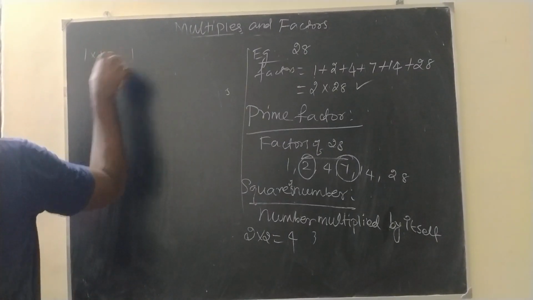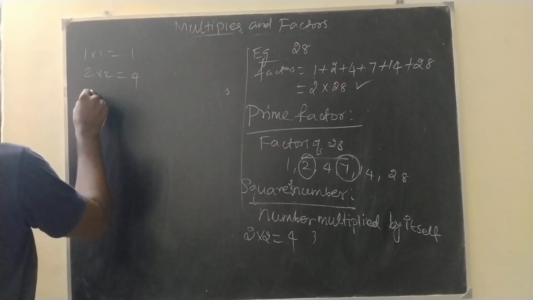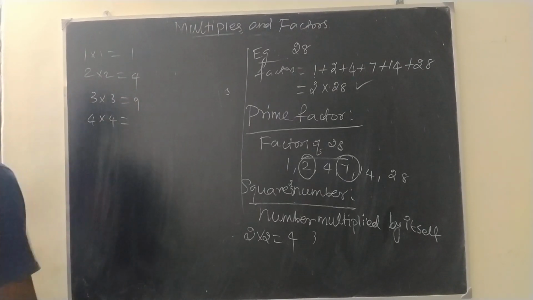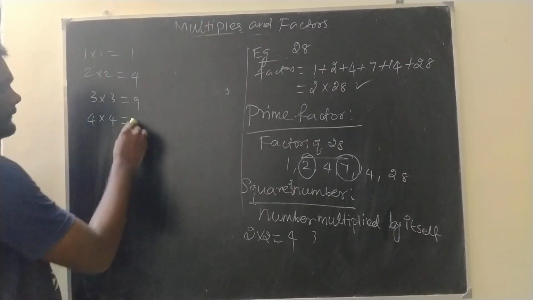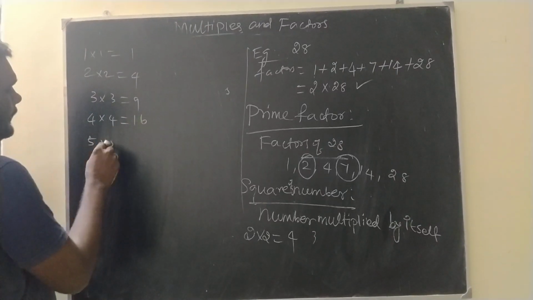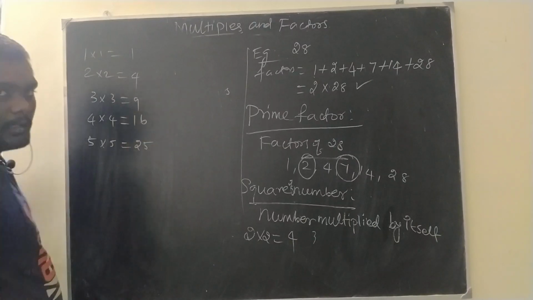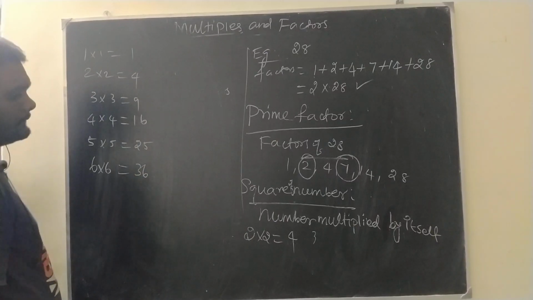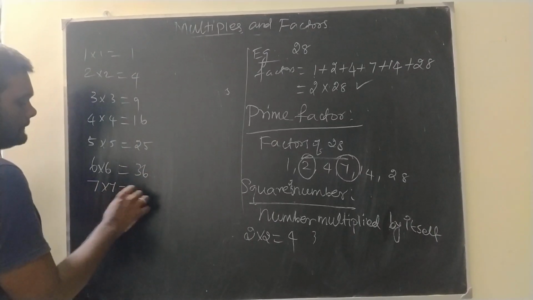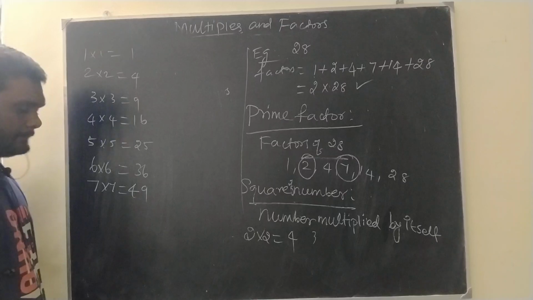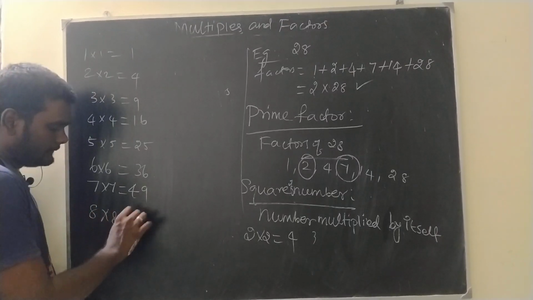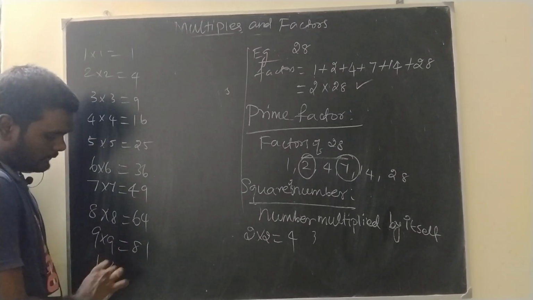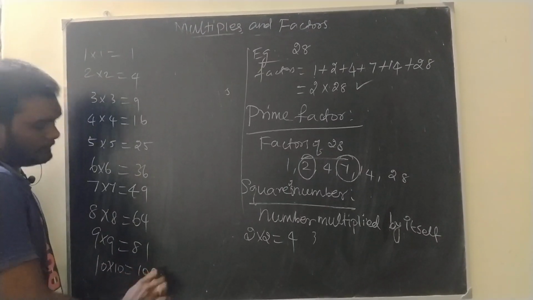So 1 into 1 means 1. 2 into 2 means 4. 3 threes are 9. 4 fours are 16. 5 fives are 25. 6 sixes are 36. 7 sevens are 49. 8 eights are 64. 9 nines are 81. 10 tens are 100.